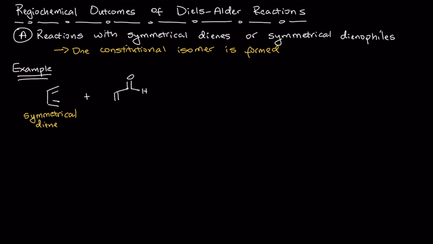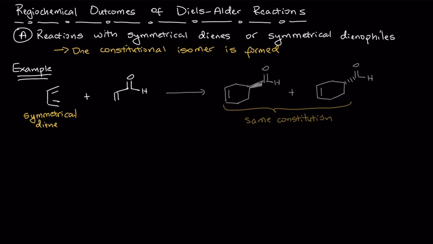So here's a Diels-Alder reaction with a symmetrical diene. We've actually seen this before in previous videos, and by now, hopefully you're able to understand and predict the product of this reaction. We should expect two isomers of your product to be formed, but they both have the same constitution. So that's fine, and that's because you have a symmetrical diene.